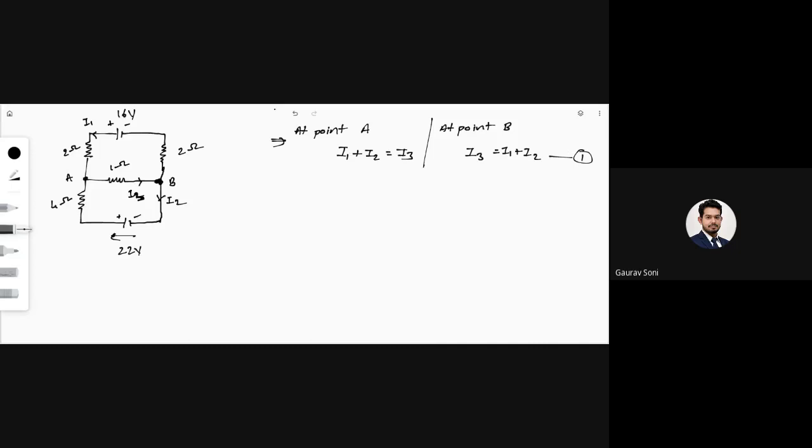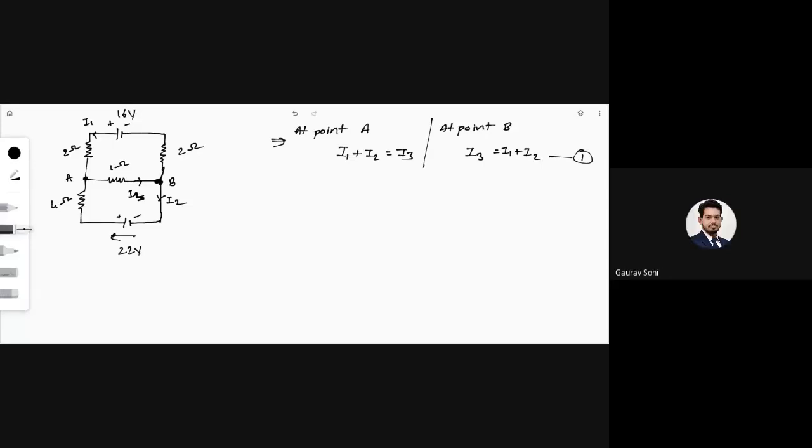There is another law that I need, the voltage drop across any resistor is equal to, anyone? No one. What is the voltage drop across a resistor?